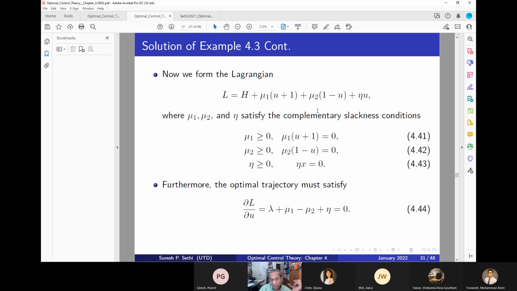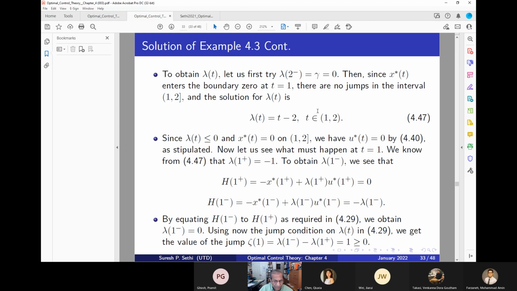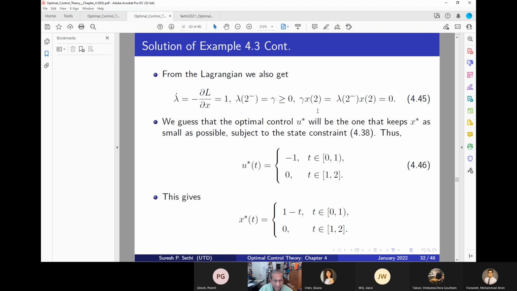Yes. But even in chapter 3, lambda dot on the right hand side can be x, right? We had already problems in chapter 2 where lambda dot on this side is some x. And so it's a 2-point boundary value problem. You already solved that numerically, right? Yes.